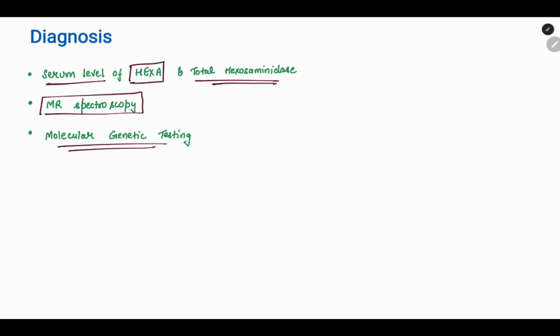Now let's discuss the treatment. As such, Tay-Sachs disease does not have any proper cure, and the treatment we can offer is largely supportive. What is the aim of this supportive treatment?